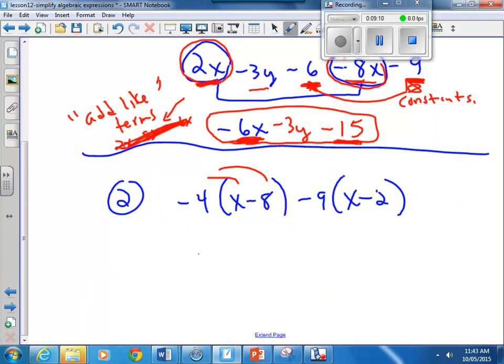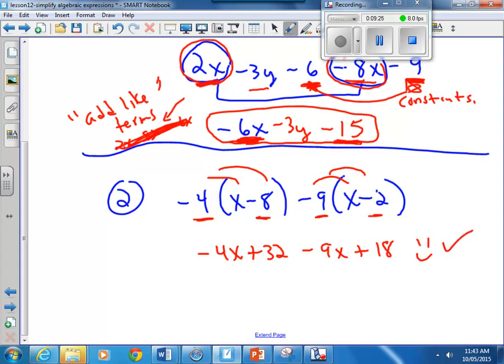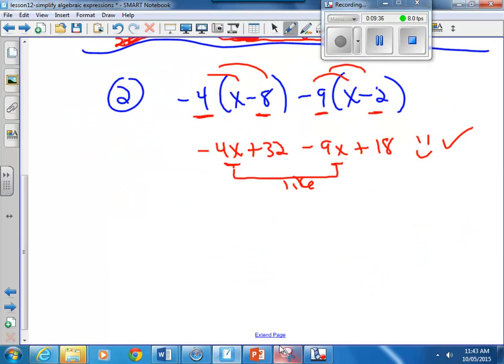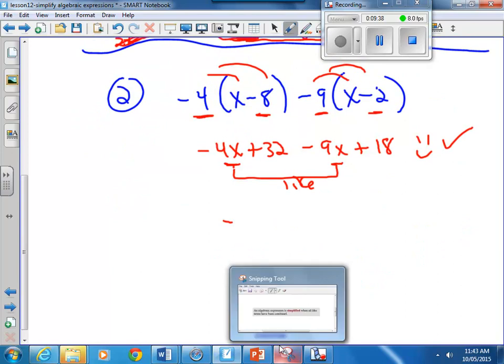Distribute. Negative 4x. Careful, negative times a negative is a positive, so plus 32. Distribute. Minus 9x, and again, negative times a negative is a positive, so plus 18. When you arrive here, I'm happy, but you got to combine like terms. So I always map it out. Those are like. So negative 4x minus 9x, it's like loss of 4, loss of 9, for an overall loss of 13, so minus 13x.